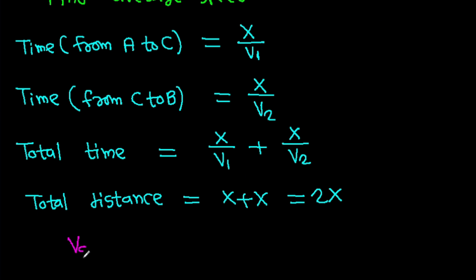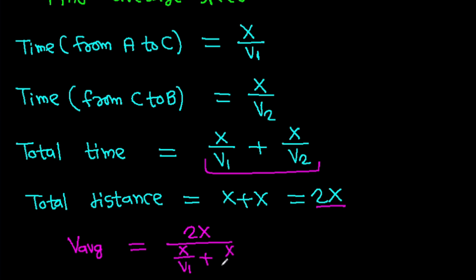So average speed will be 2x divided by x divided by V1 plus x divided by V2, that will be 2 V1 V2 divided by V1 plus V2.